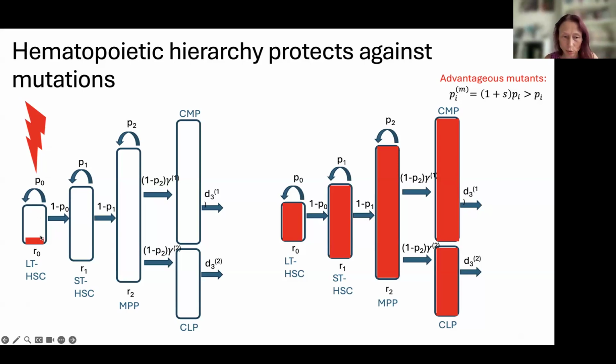It's advantageous. It's going to win, right? Because of the force of selection. And once it's won here, it's going to spread throughout the system and everybody will be mutant. Okay, an advantageous mutant that we place in the most upstream compartment will win over.